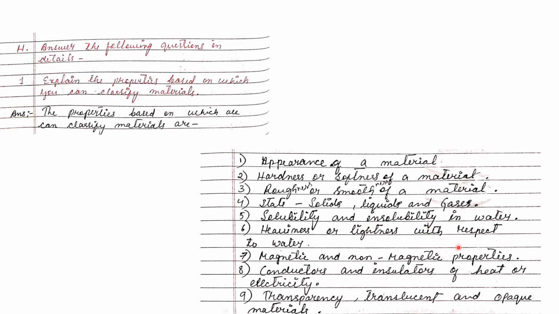Heaviness or lightness with respect to water; 7. Magnetic and non-magnetic properties; 8. Conductors and insulators of heat or electricity; and last one, number 9. Transparency, translucent and opaque materials.